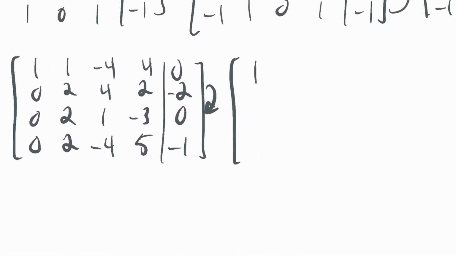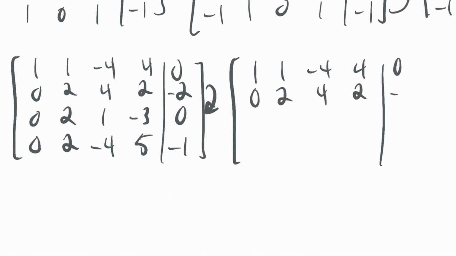So 1, 1, -4, 4, 0. 0, 2, 4, 2, -2. 0, 0, -3, -5, 2. Okay.